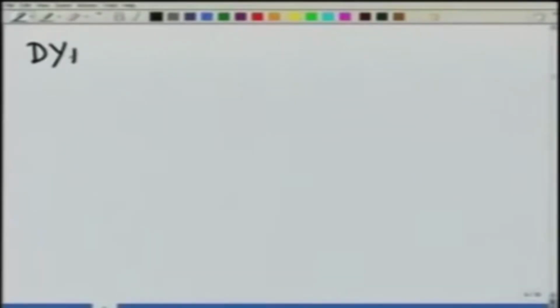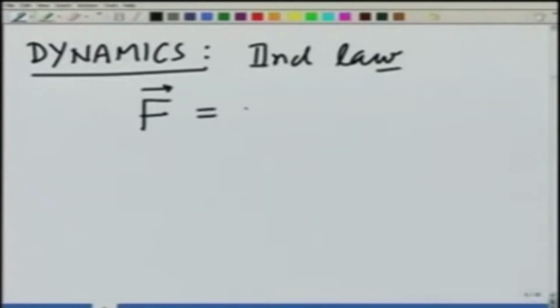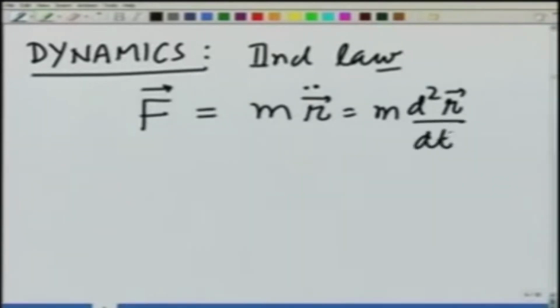How about the dynamics of a rigid body? You recall, when we considered the dynamics of a particle, we started with the second law of Newton that said that for a point particle, force equals the mass times r double dot, or mass times the second derivative, the acceleration of r with respect to time.